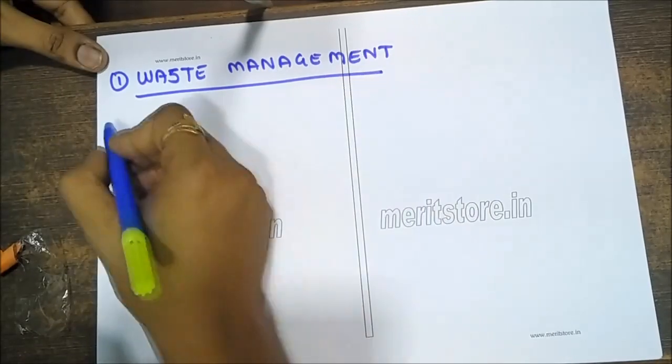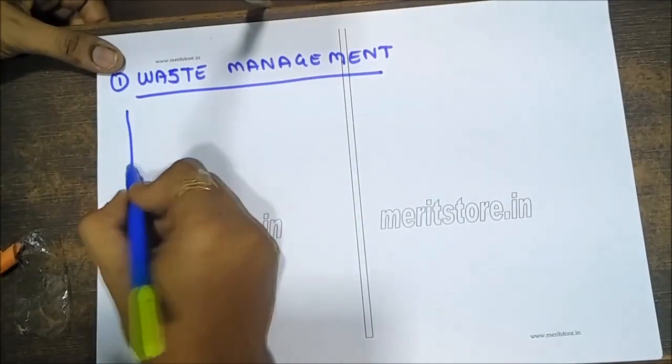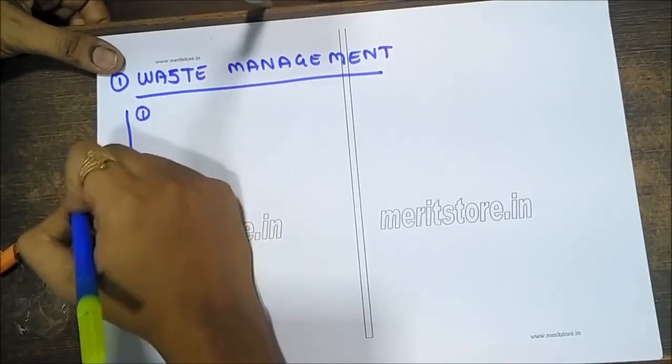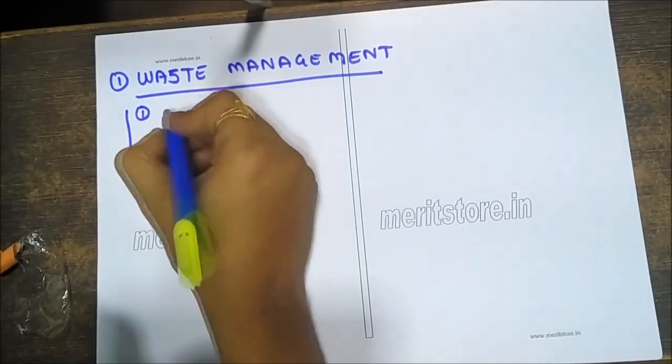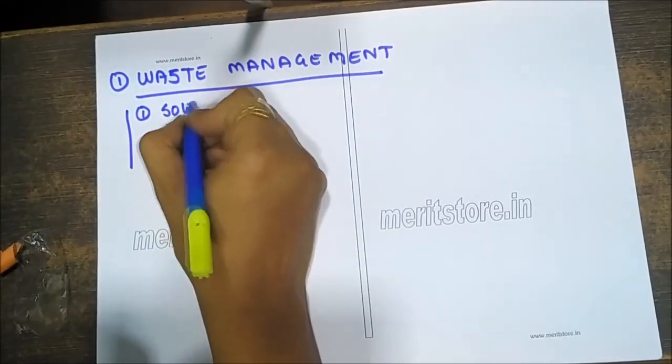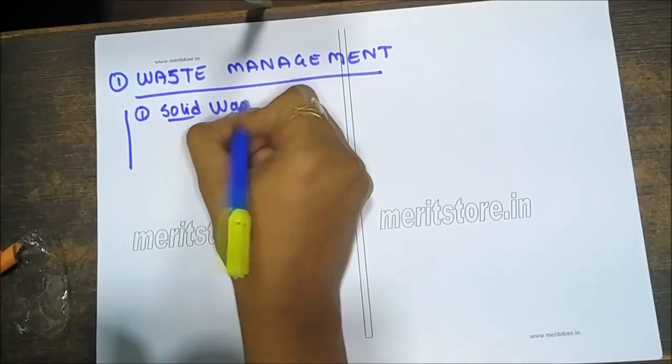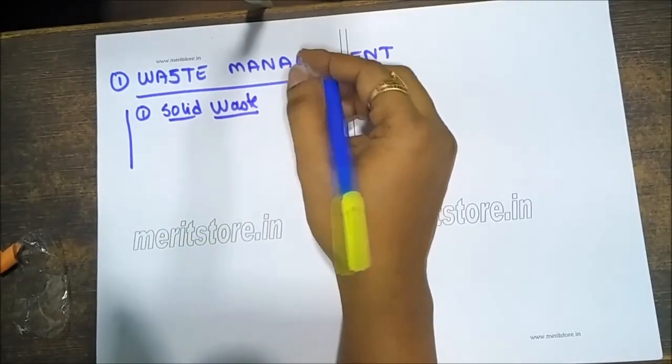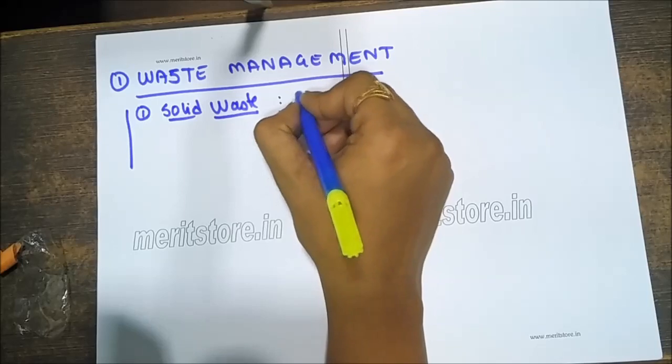So you can classify these methods. The type of method depends on what kind of waste is present. Say for example, if it is solid waste, then what can the different methods be?